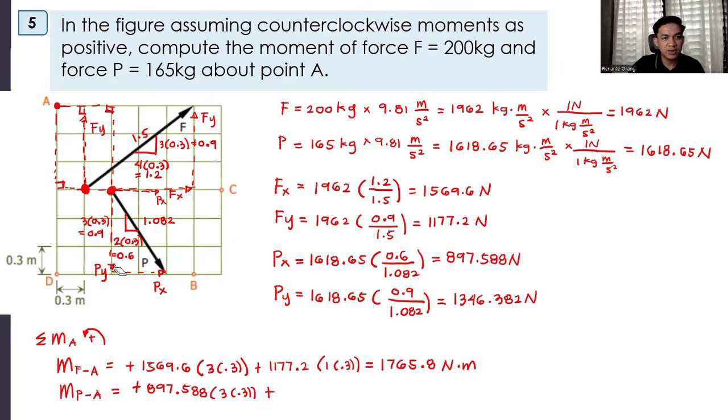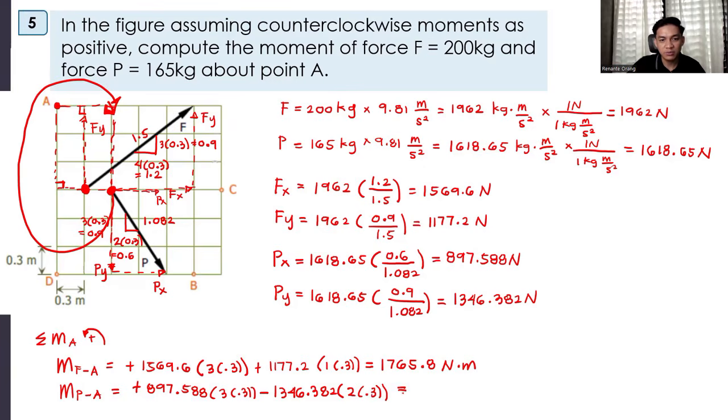Plus, let's proceed to Py, class. This is the original position of Py. Rotating it about point A goes like this, that is clockwise, so this is negative 1,346.382 multiplied by its distance. This is our Py, and this is its distance. Let's count 1, 2, so that is 2 multiplied by 0.3.